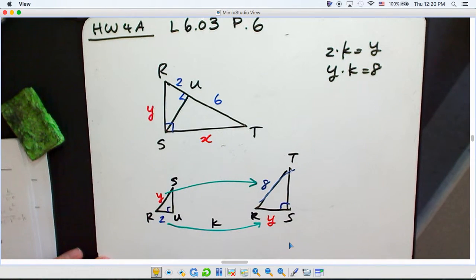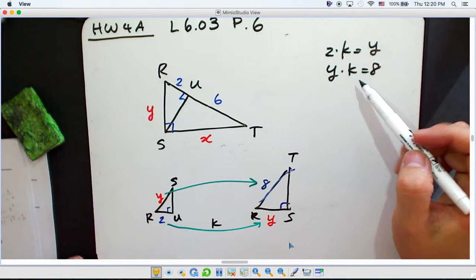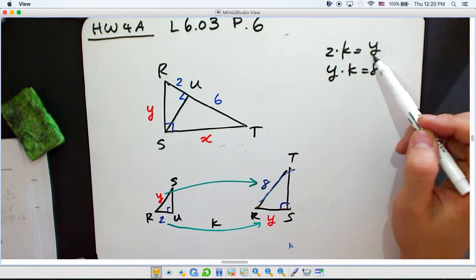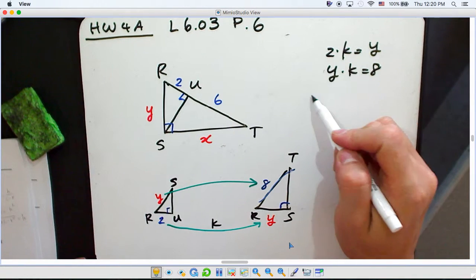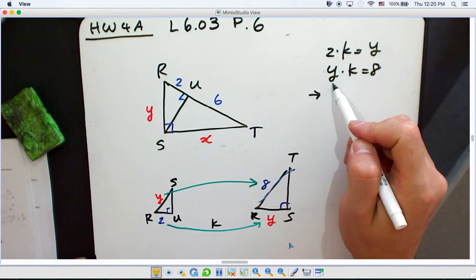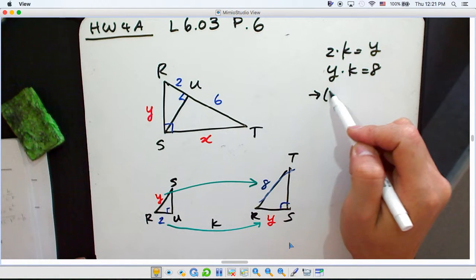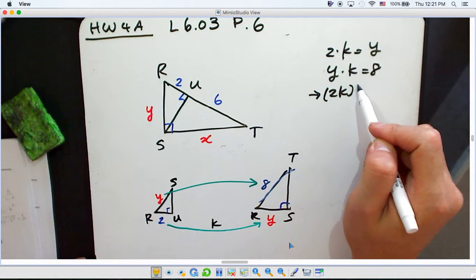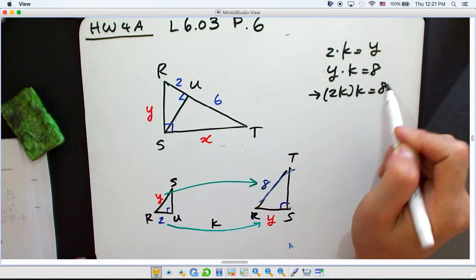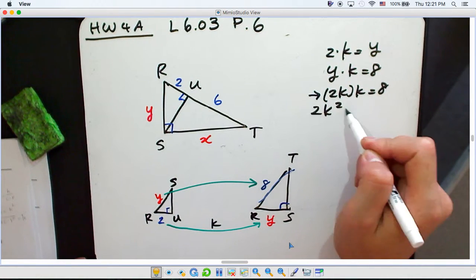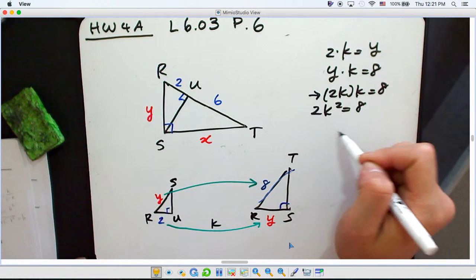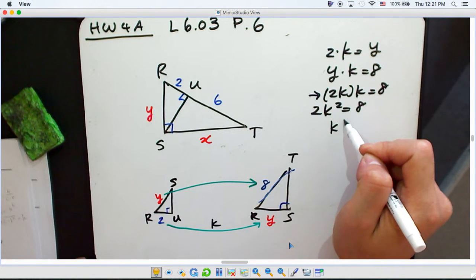So what are the k's? Let's solve it. We know y is 2k, so I'm going to replace y with 2k. So we go 2k times k, which equals 8. That means 2k squared equals 8. Dividing both sides by 2, we get k squared equals 4.